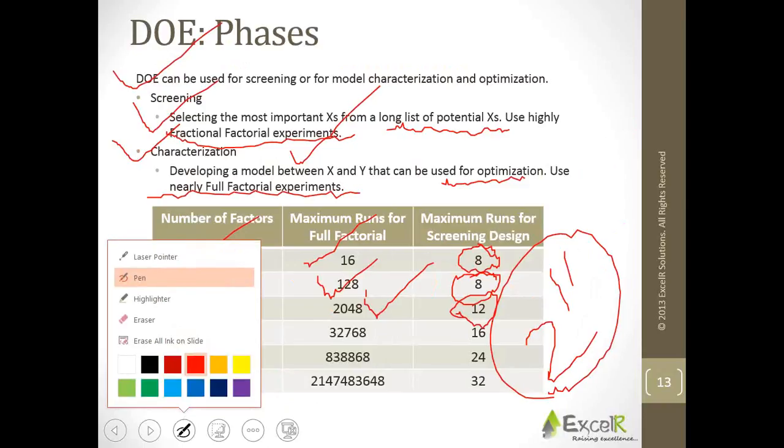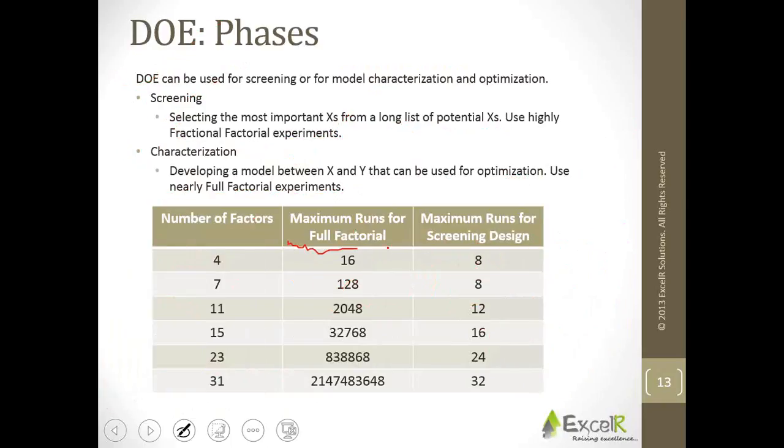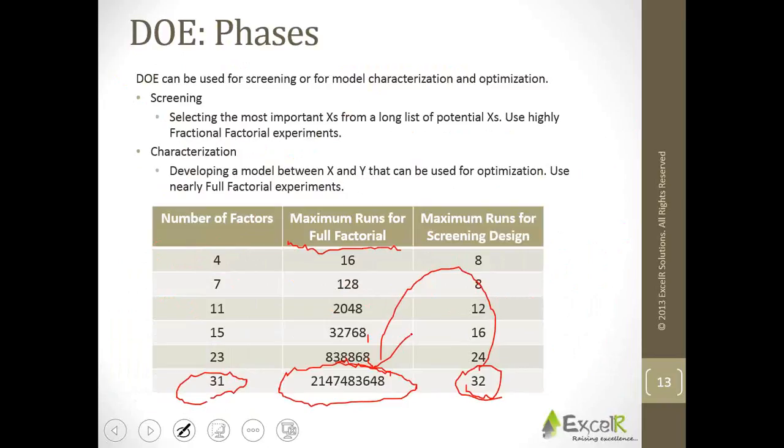So in this way, if you see, simply speaking, your full factorial is going to increase tremendously, exponentially, as and how the number of factors increase, right? But if you look at your fractional factorial design or maximum runs required just to screen the design, those are pretty less, very less.